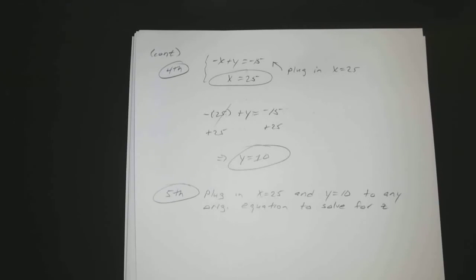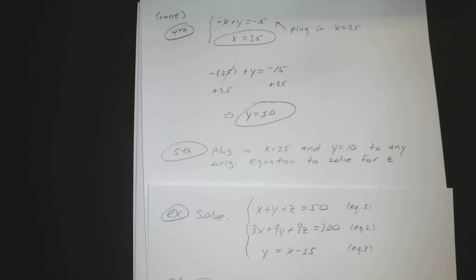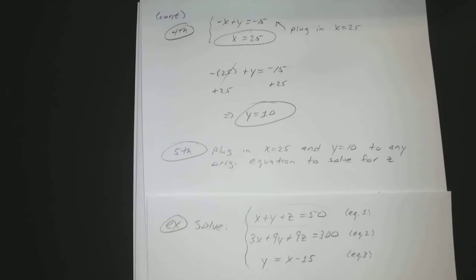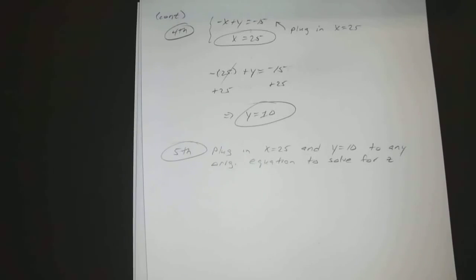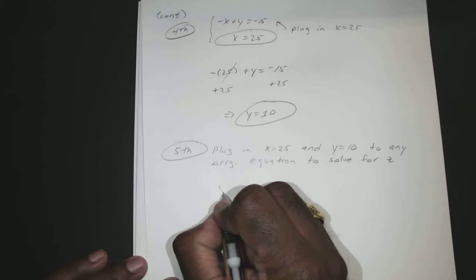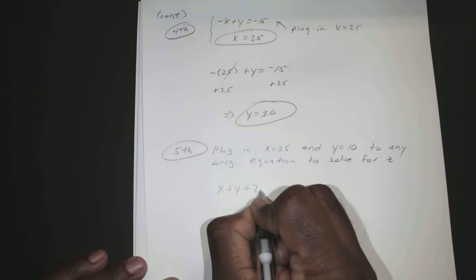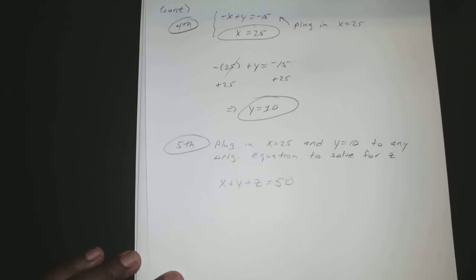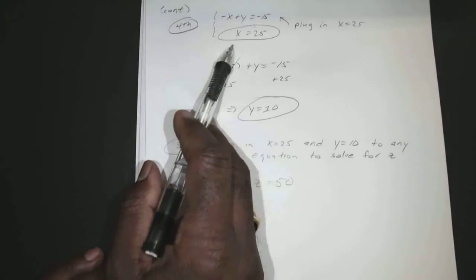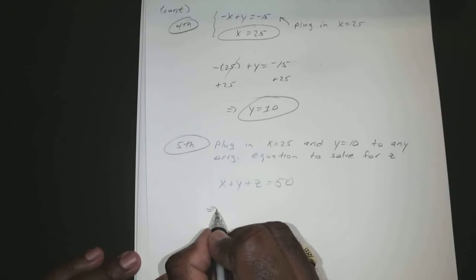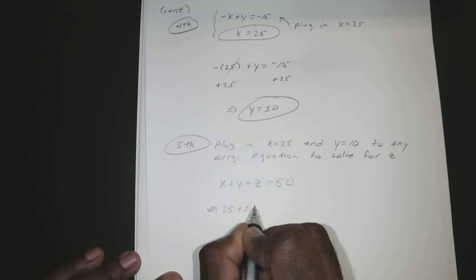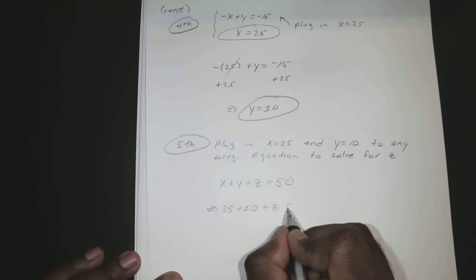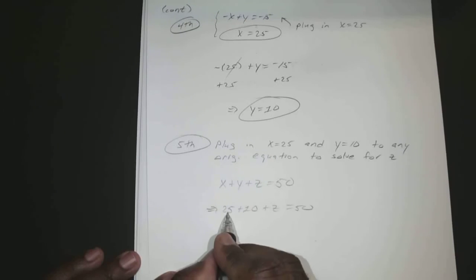If we go back to the beginning, probably the easiest one is this one. So you have x plus y plus z equals 50. That means you have 25 plus 10 plus z equals 50.